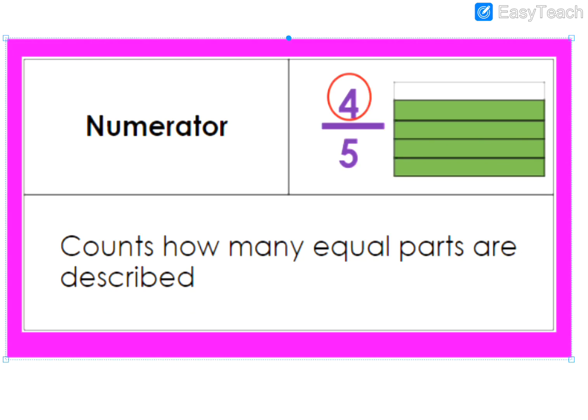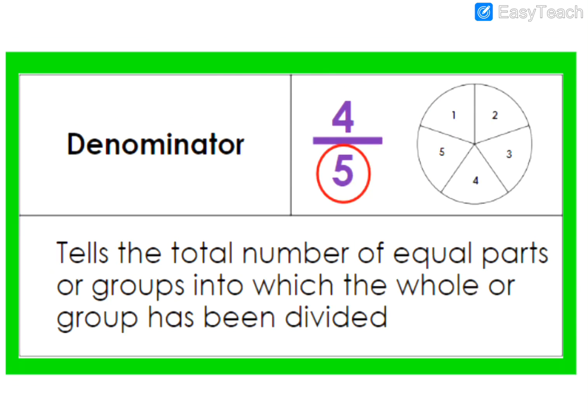So there are 4 out of 5 that are being shaded. That is your numerator, or your top number. As far as the denominator goes, it tells the total number of equal parts or groups into which the whole or group has been divided. And so that's going to be our bottom number.